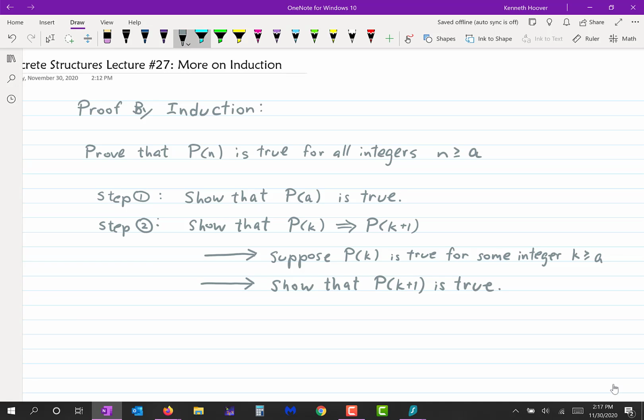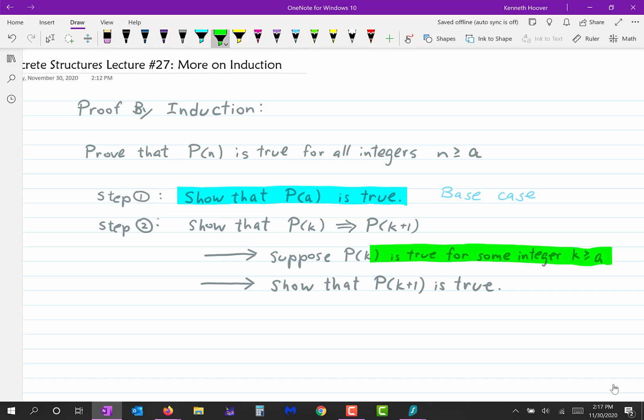It's got three parts. There's this part right here, and I will remind you that that's called the base case, and it's usually fairly easy. Okay, and then there's this part right here that has a name.